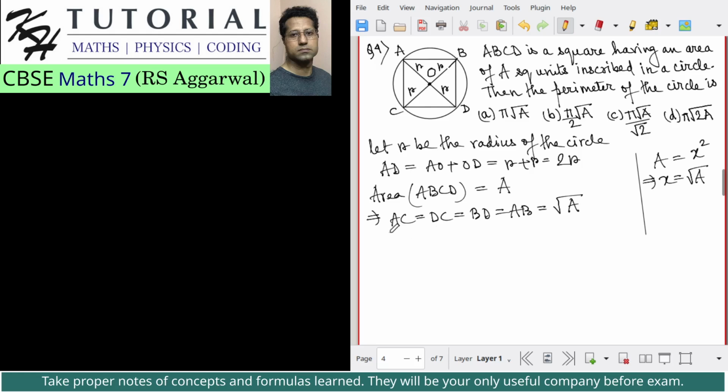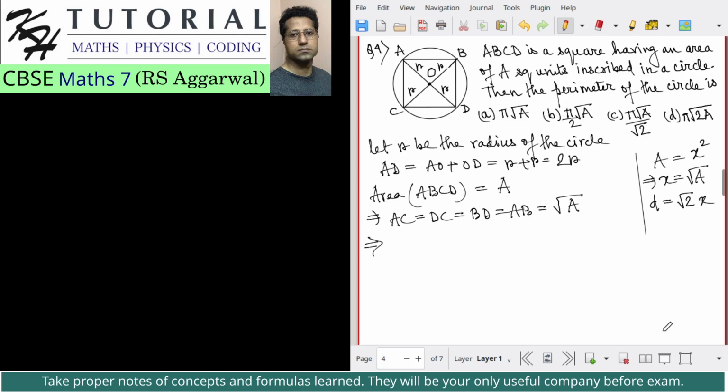Now we also know that in a square, the diagonal is equal to square root of 2 multiplied by the length of each side of the square, that is x.